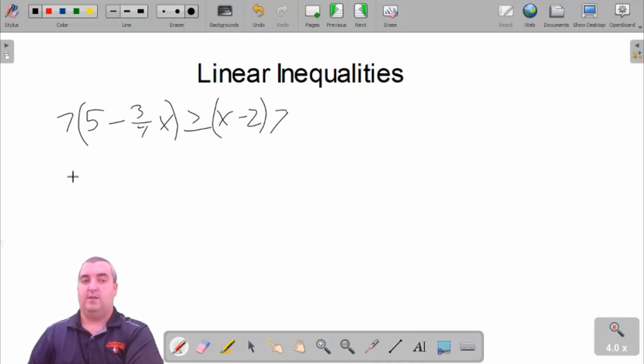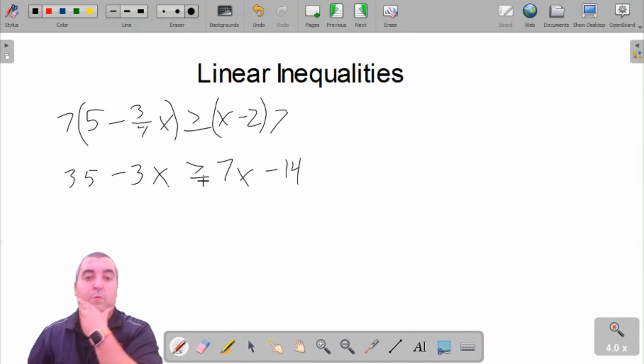When I do that, 7 times 5 is 35. 7 times this fraction, the reason why we chose 7 was because of that 7 there, so 7 times 3 sevenths is just 3. We have the x still is greater than or equal to 7x minus 14. Okay, and look at that. We have no more fractions. So now let's go ahead and get going.